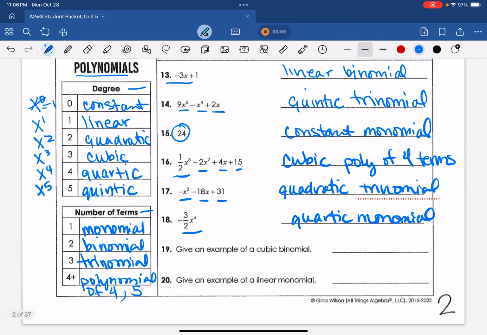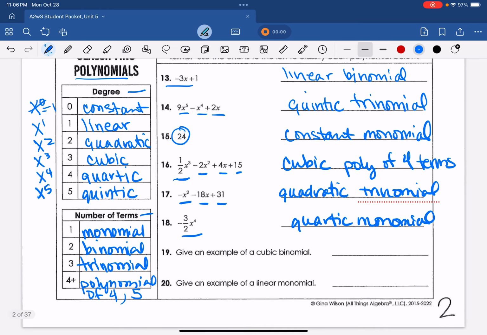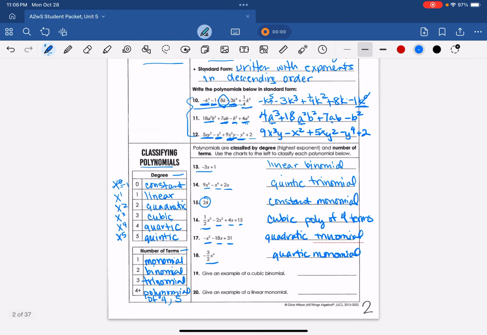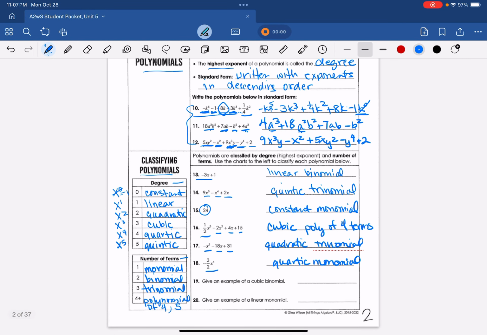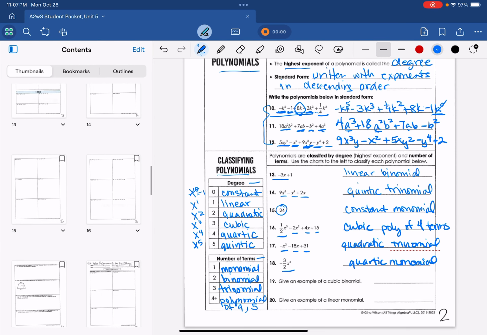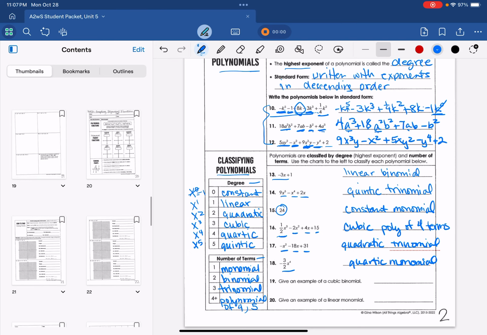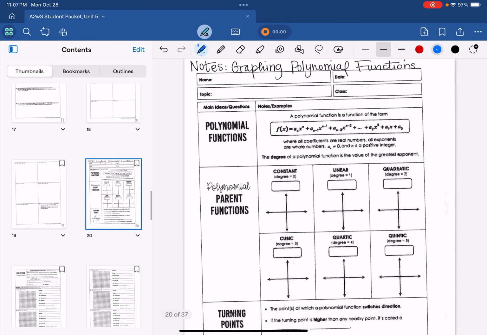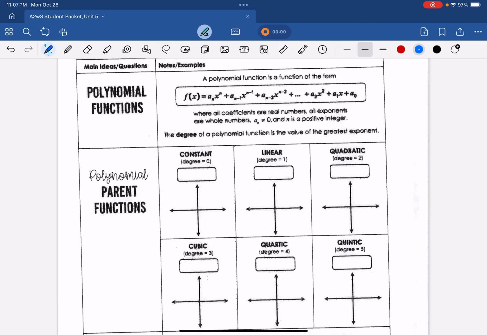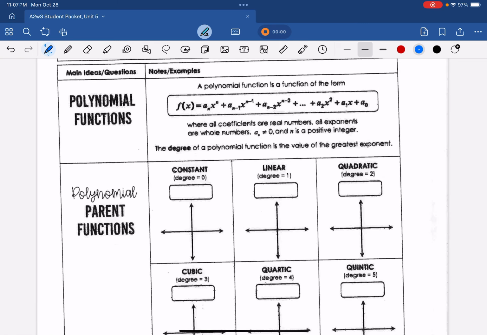Okay, so that is a quick refresher on the polynomials and how we classify them. So now what I need for you guys to do is to go to page 20 in this packet. We're going to skip down to graphing polynomial functions. Okay? All right. Now, there's a whole lot going on right here in this formula.